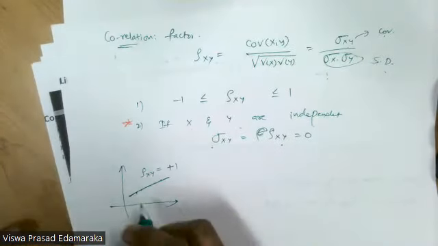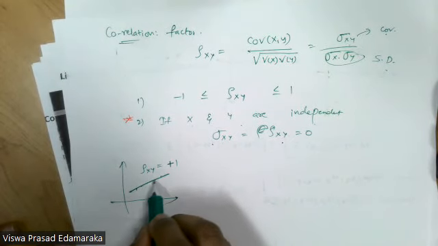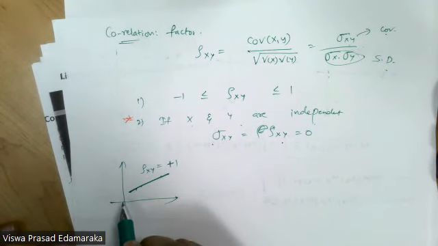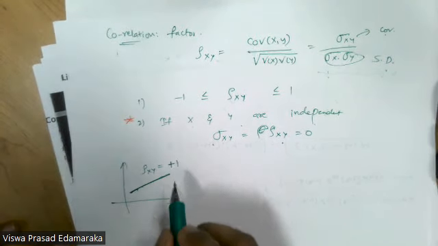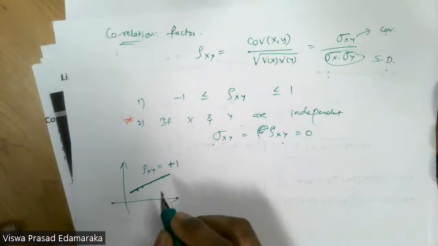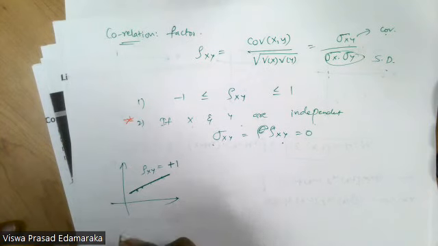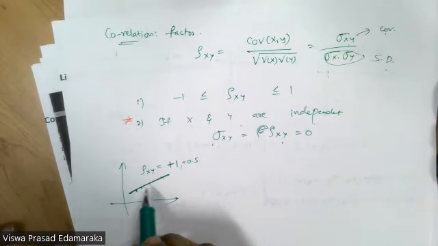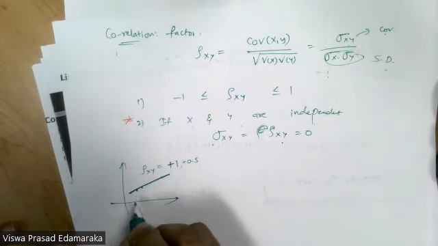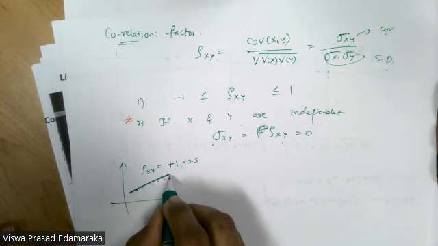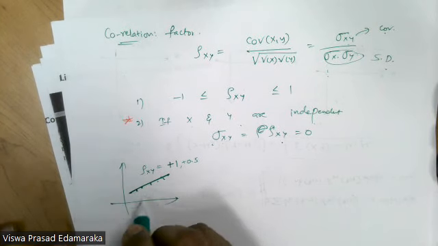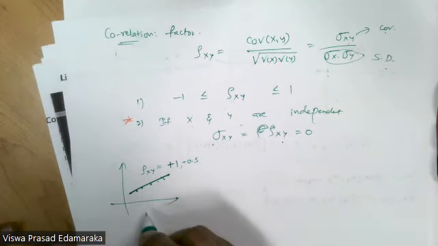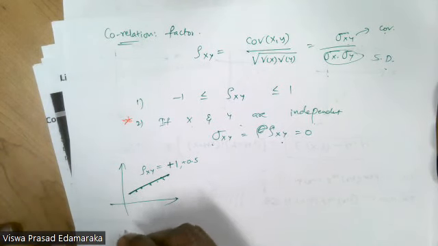Carefully, please watch here. The plus symbol denotes that it is rising, whereas the magnitude represents how many values are touching the line. If it's plus 0.5, plus means positive and 0.5 means, for example, there are 8 points, and out of 8 points, 4 are on the regression line whereas 4 are off the line.